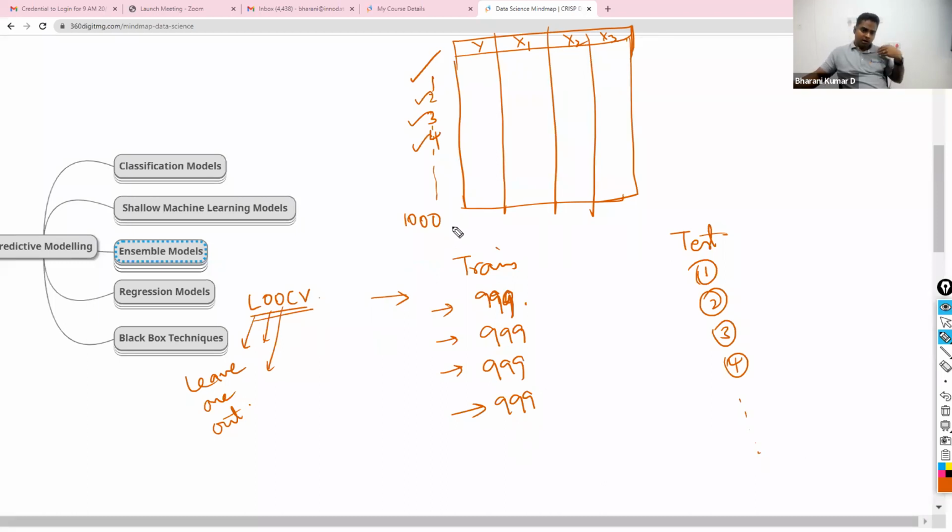Or rather, you train it 1,000 times and you test it 1,000 times. But this is a stretched thing, basically. People nowadays don't use it at all because it will be a hugely time-consuming task. And here there is a chance of overfitting, because the same observations, multiple times you're training more than what is needed.